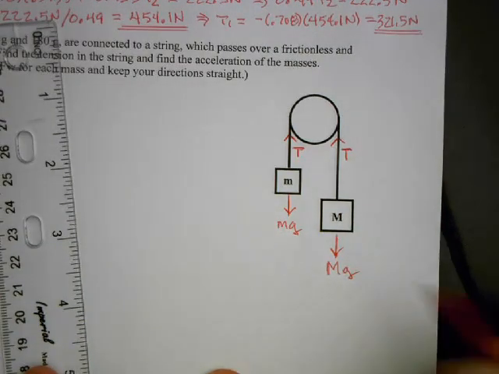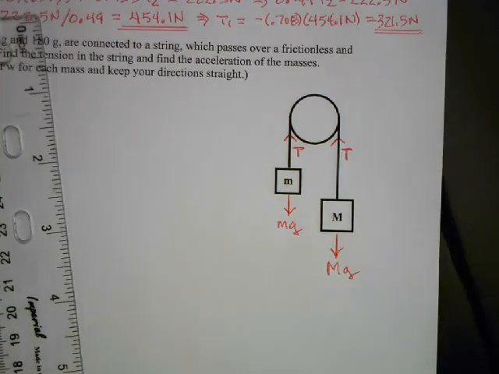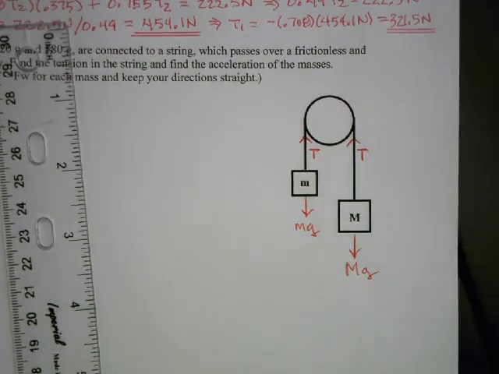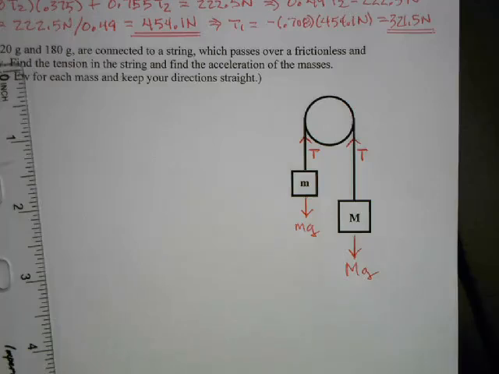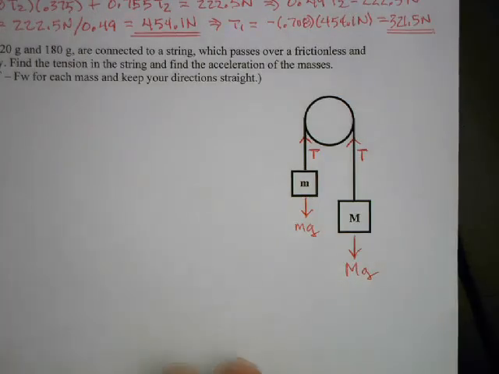And so now, independently, I have all of the forces that I have to worry about. So I'm going to do this in two parts, the left side and the right side. First for the small m.